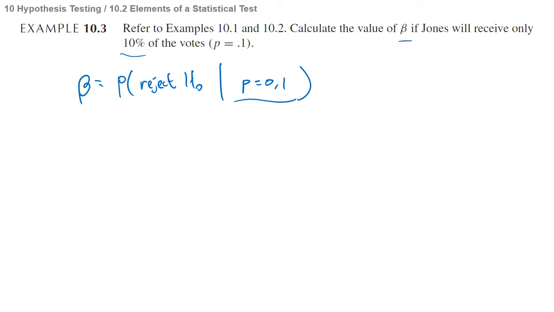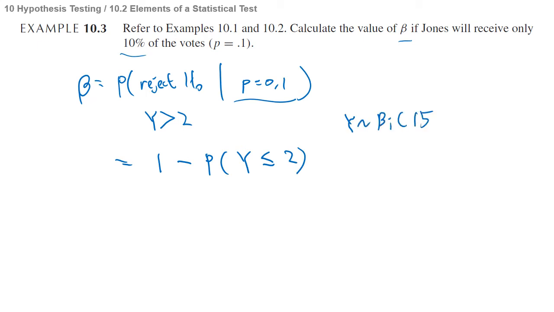And here again, rejecting the null is y greater than 2. And actually this is 1 minus the probability of y less than or equal to 2. And here y follows a binomial distribution, n is 15, and this time p is 0.1.